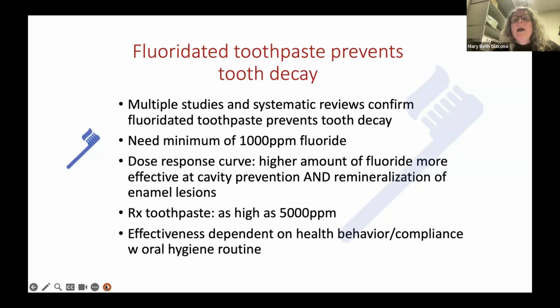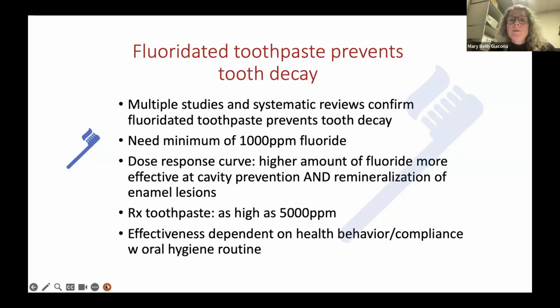So what does that mean? That means that you could start the cavity process, right? You have bacteria that have been ingesting and metabolizing those fermentable carbohydrates in your mouth, and they've started to punch little holes in the enamel by secreting acid on that enamel.